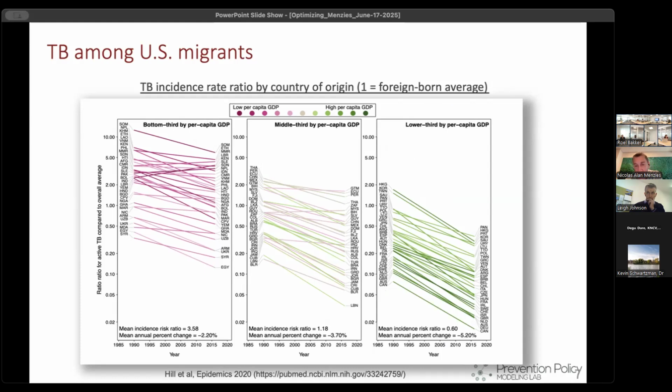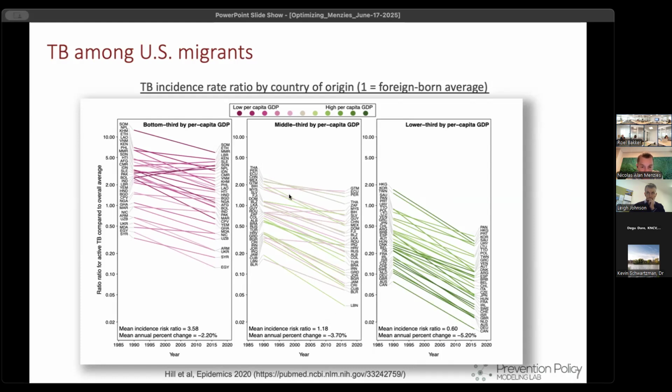Migrants from Canada have very low rates of TB incidence in the United States, and they have been dropping over time. All these lines, or almost all of them, are declining, which I think speaks to the successes that most countries have had in addressing TB. But the critical thing is the differences in the slopes here, where we see migrants from high-income countries have a faster rate of decline in TB incidence risk in the United States, about 5% per year decline in risk.